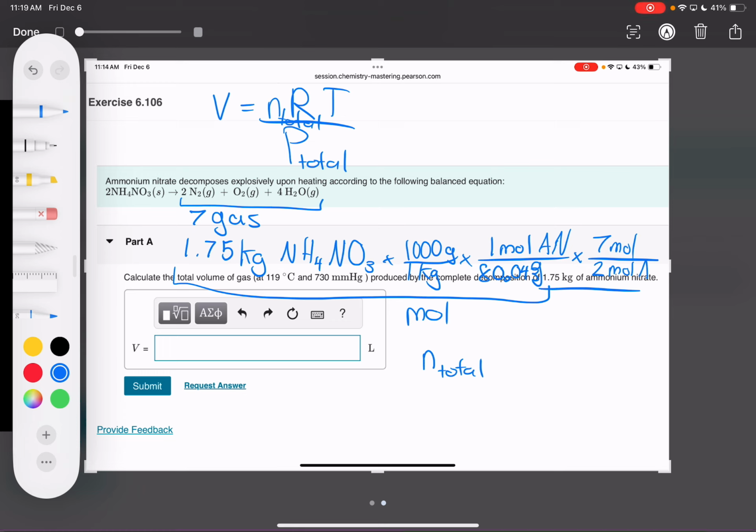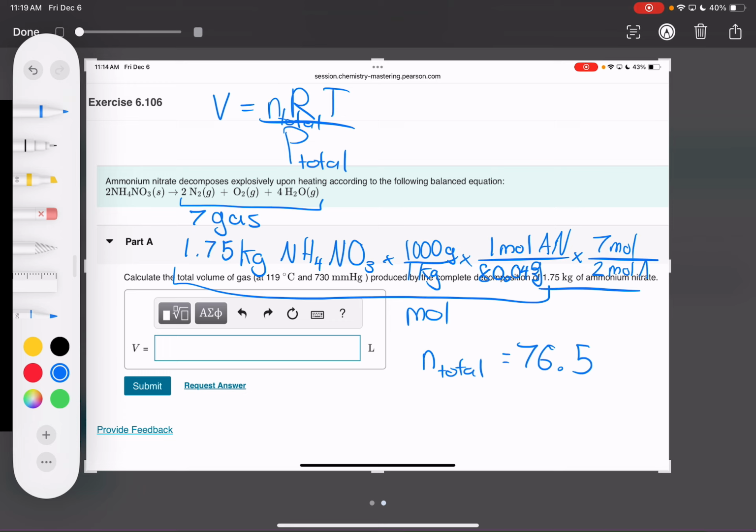All right, so let's do the stoichiometry problem. 1.75 times 1,000 divided by 80.049 times 7 divided by 2. So total moles is, that seems huge, but I guess we were dealing with kilograms, so that shouldn't be that surprising. 76.5 moles.